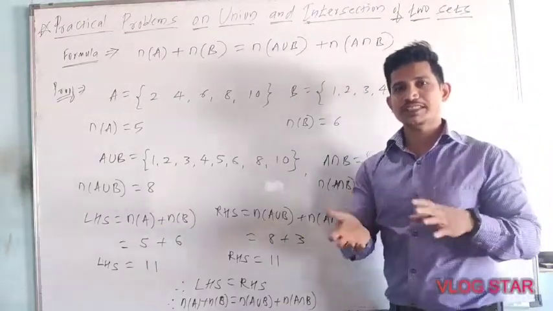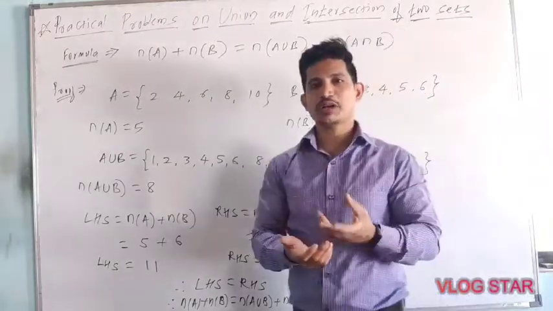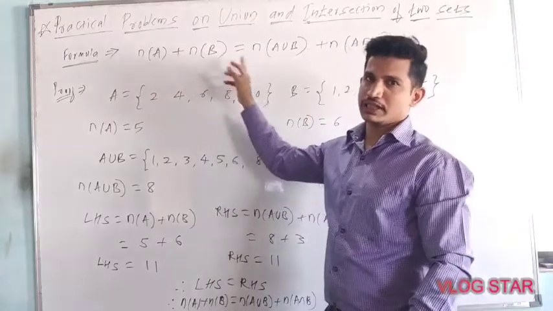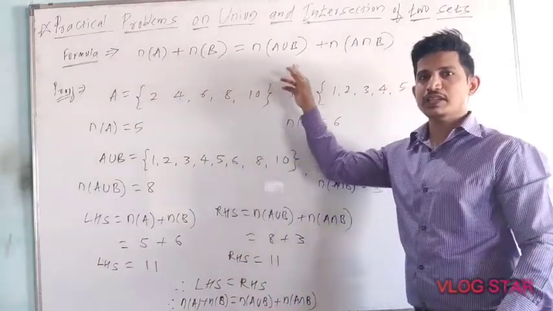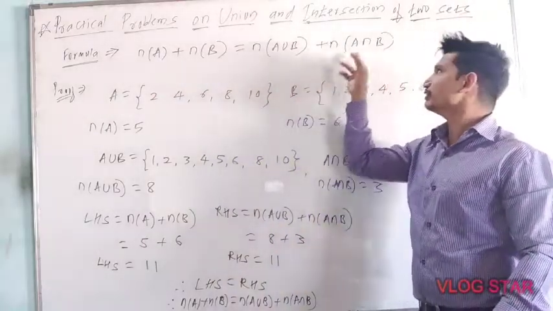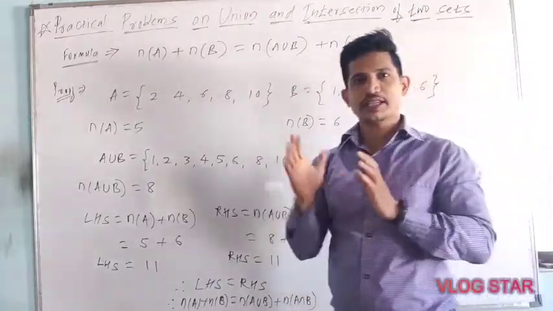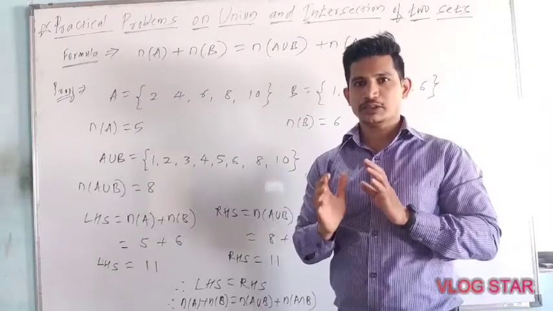Suppose C and D are given, then n of C plus n of D is equal to n of C union D plus n of C intersection D. Only the name will be changed but the formula remains as it is. The method of the formula will be the same.